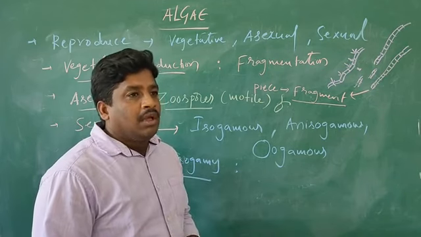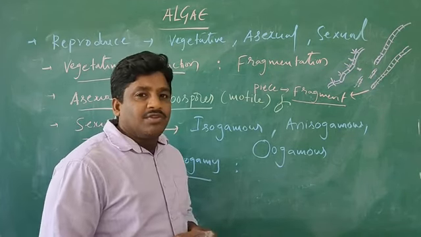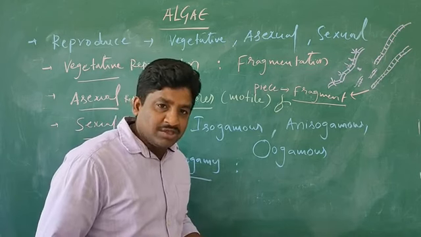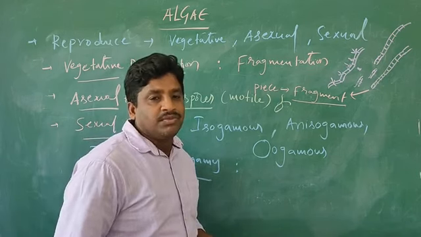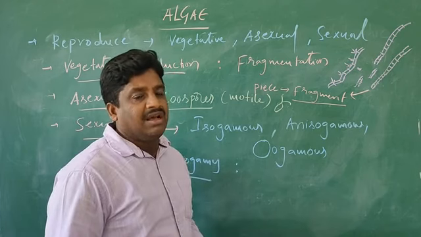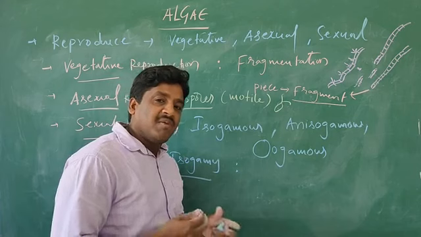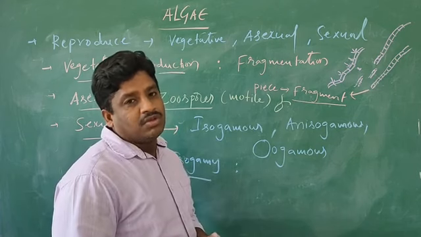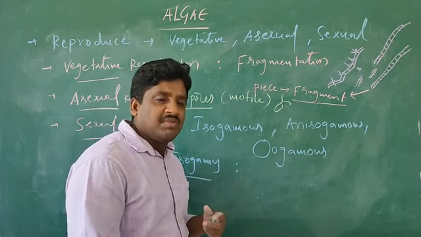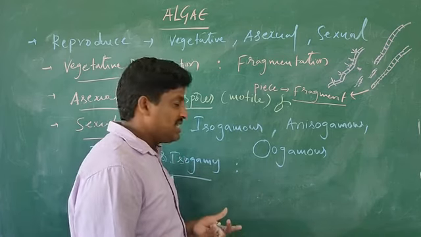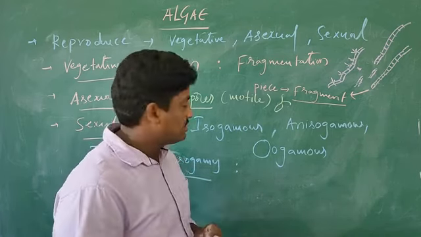Actually every organism, for the process of reproduction, forms gametes. In human beings, the male gamete is the sperm and the female is the ovum. And in plants male and female gametes are also formed, each with a different name. So I am saying directly here, male and female gametes.